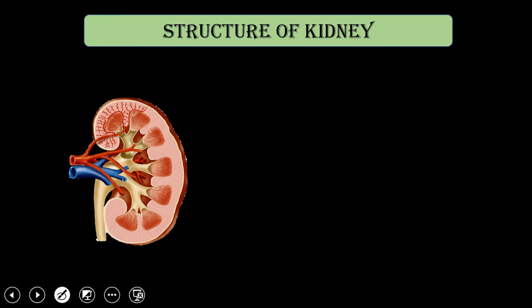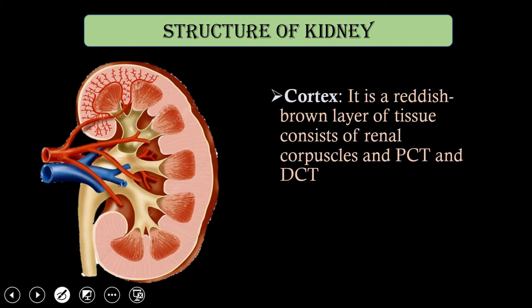Move towards the inner side of the kidney. In the internal structure, first we discuss the cortex. The cortex is the reddish-brown layer of tissue which consists of renal corpuscles, PCT and DCT. This outer part of the kidney is called the renal cortex, where, as we know, the nephron, the basic unit of the kidney, is located.